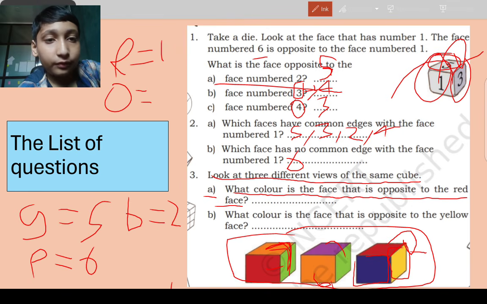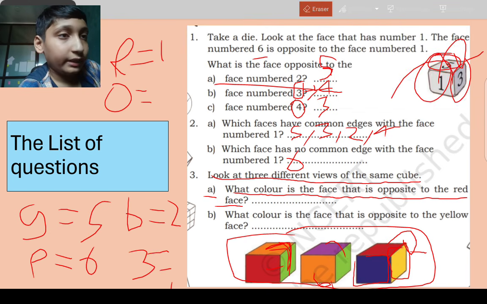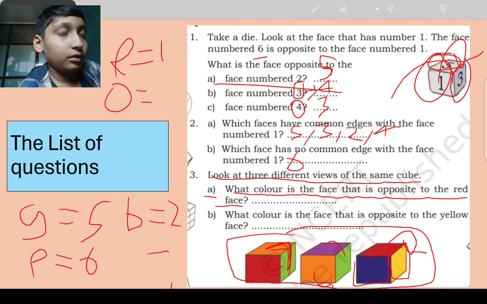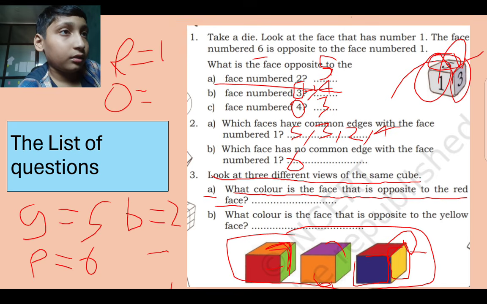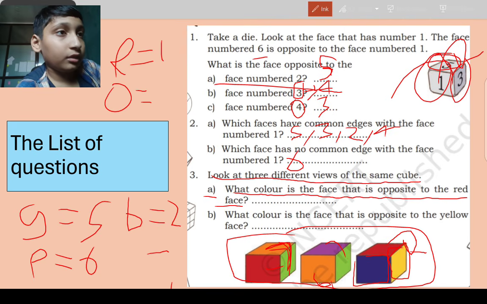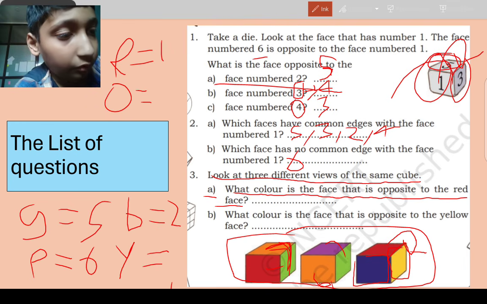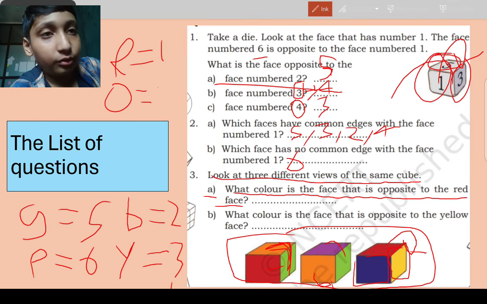The last one we have is yellow. Assume that yellow is equal to 3 and then orange is equal to 4.